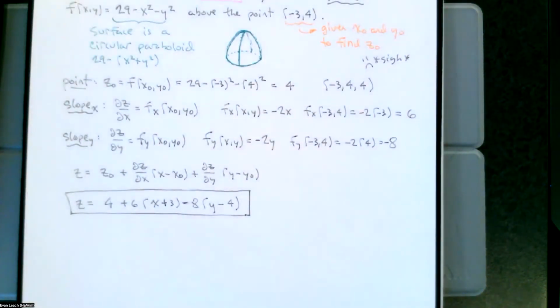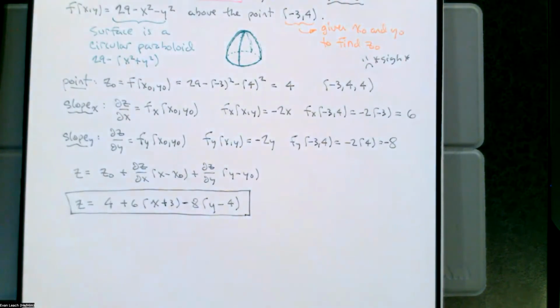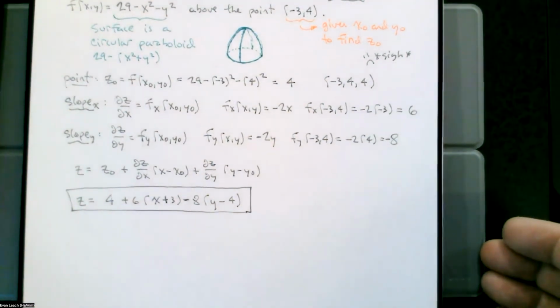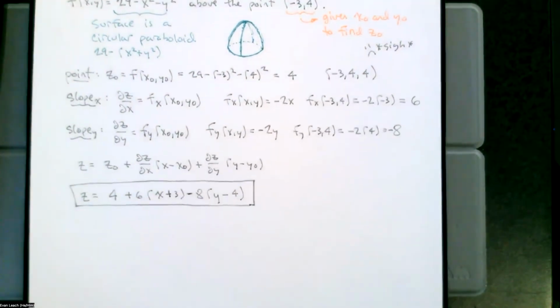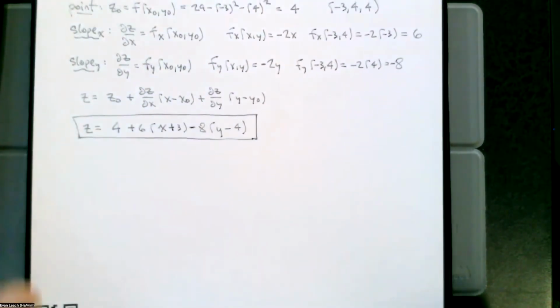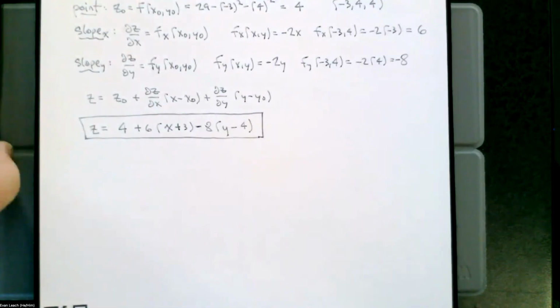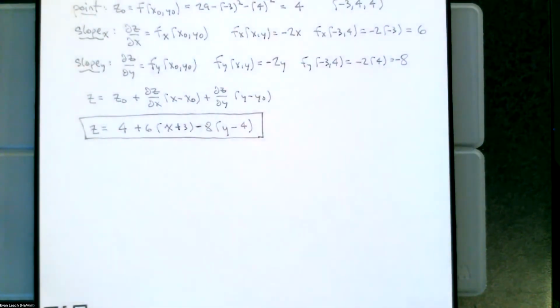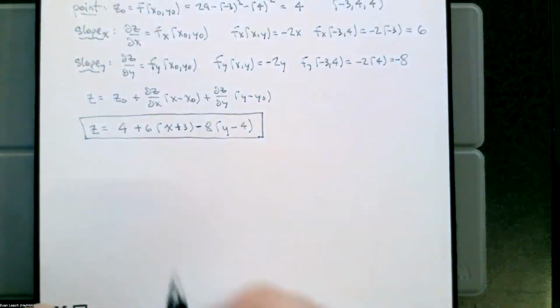So we're finding the equation of the plane tangent to a surface at a given point. Planes are the result of a linear function of 2 variables. So the tangent plane, just like the tangent line, is our best linear approximation of the function near a point.